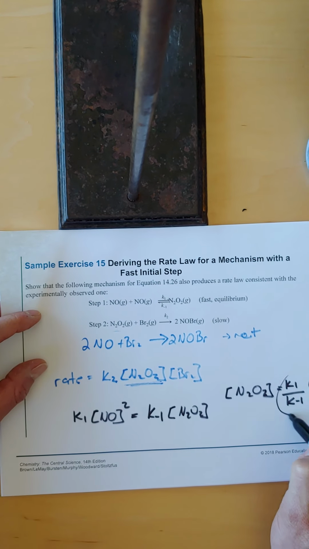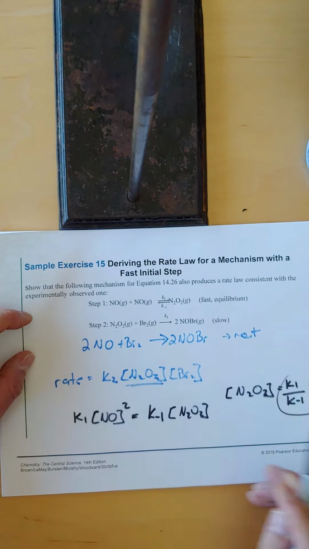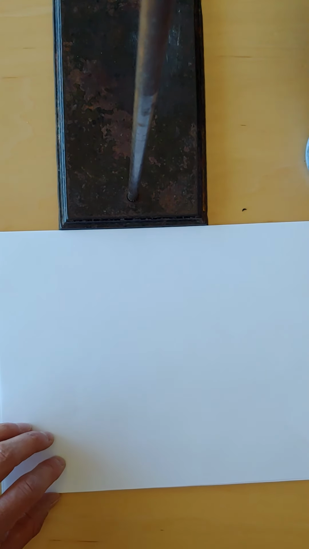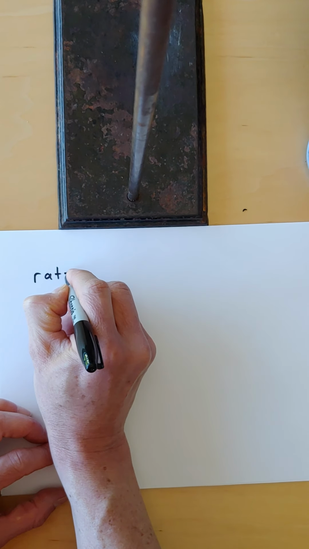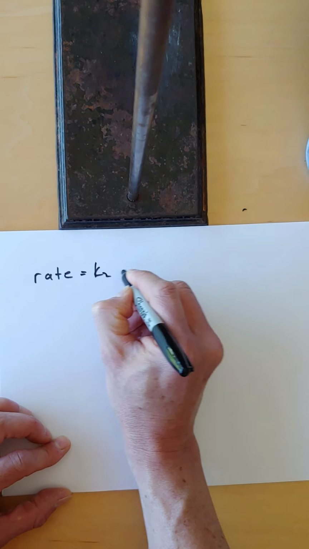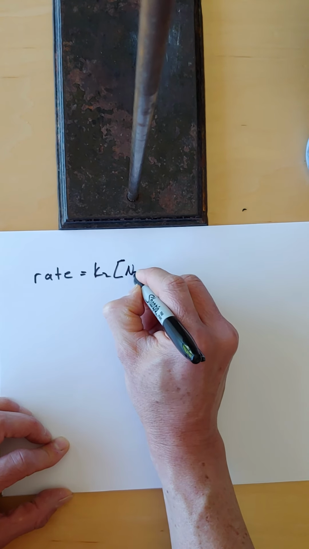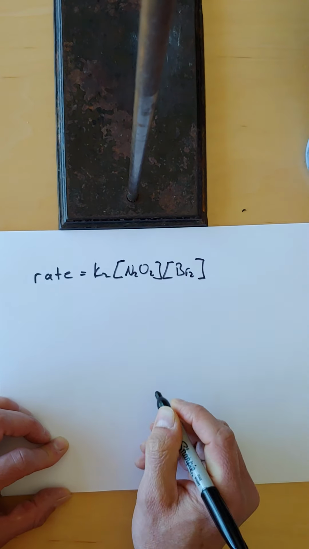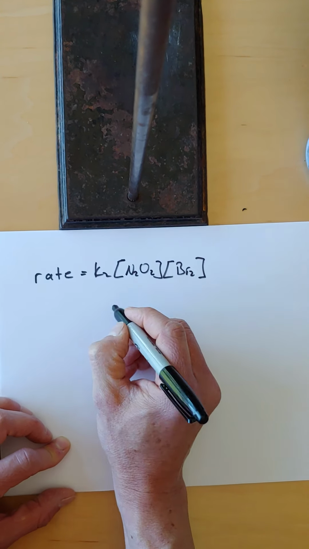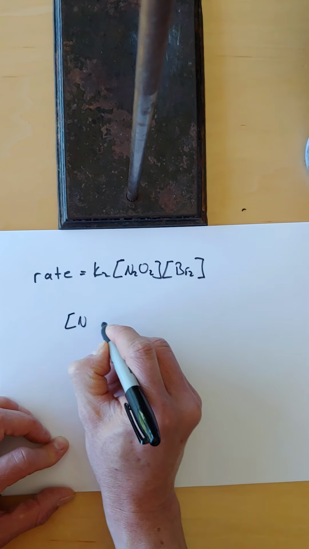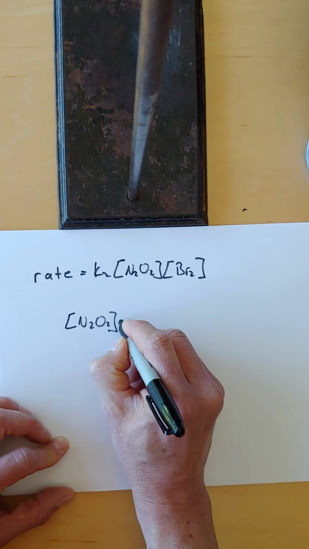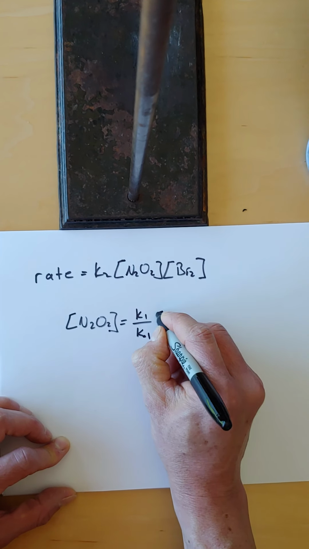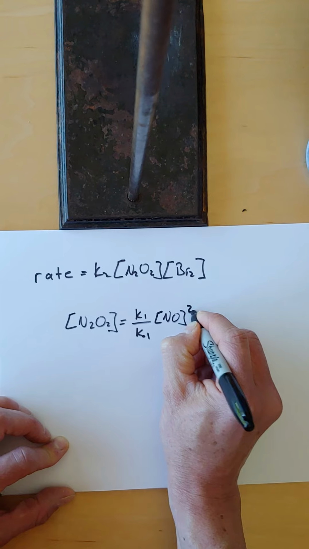Now I can take this and plug it back into this equation and figure out what my concentration is. So we said rate was equal to k2 times N2O2 times the concentration of Br2. And then from my fast equilibrium, N2O2 was equal to k1 over k minus 1 times the concentration of NO squared.